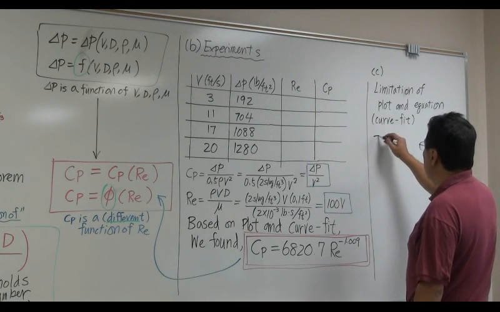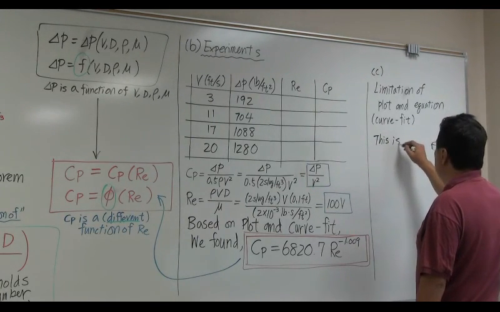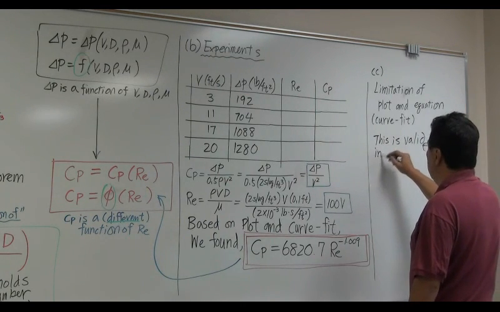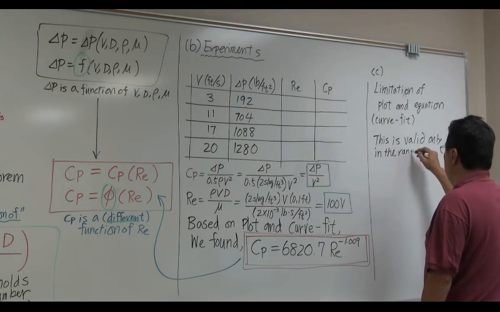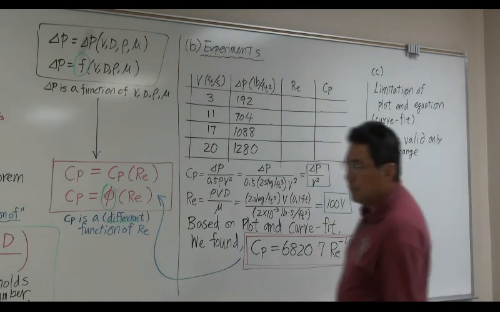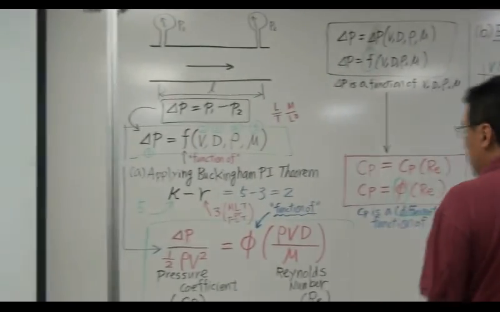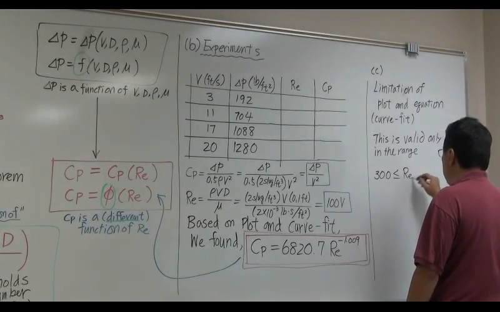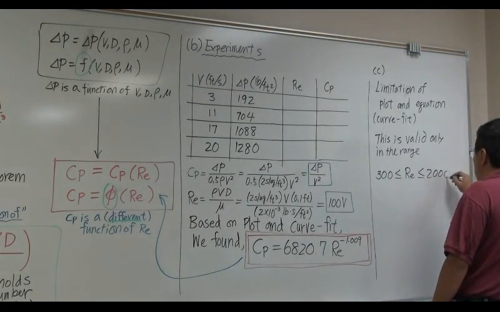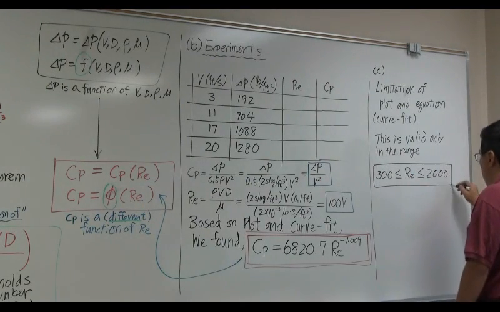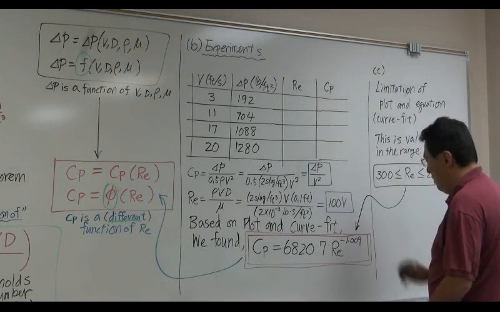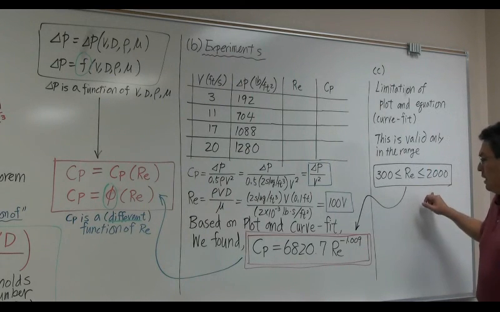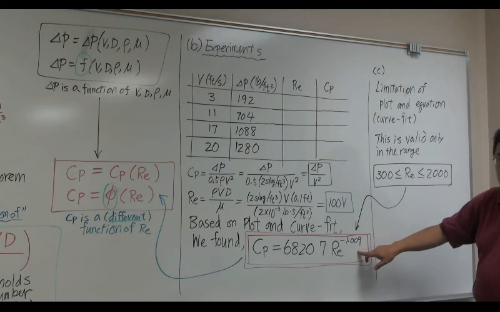This is valid only in the range of Reynolds numbers 300 to 2000. So this equation can be applied only in this range. Outside of this range, you can't use this equation.